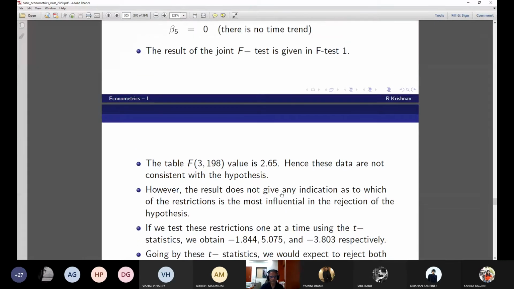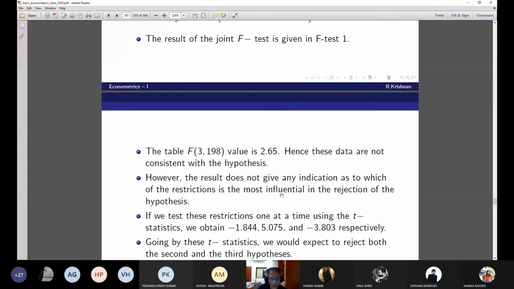So what did you say? 2.65? F3, 198. Do you have the table with you, Pramila? Sir, it is also there in the regression results you've given. Oh, regression result I gave, okay. So there's the joint test and F3, 198, it is 109.84051.